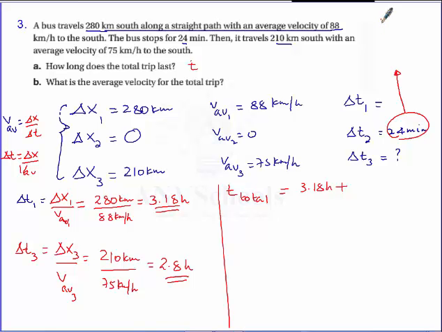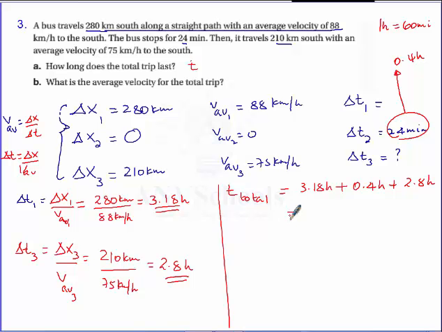So we know that 1 hour is the same as 60 minutes. To convert 24 minutes into hours, we divide by 60. 24 divided by 60 is equal to 0.4 hour. So 3.18 hours plus 0.4 hour plus 2.8 hours.